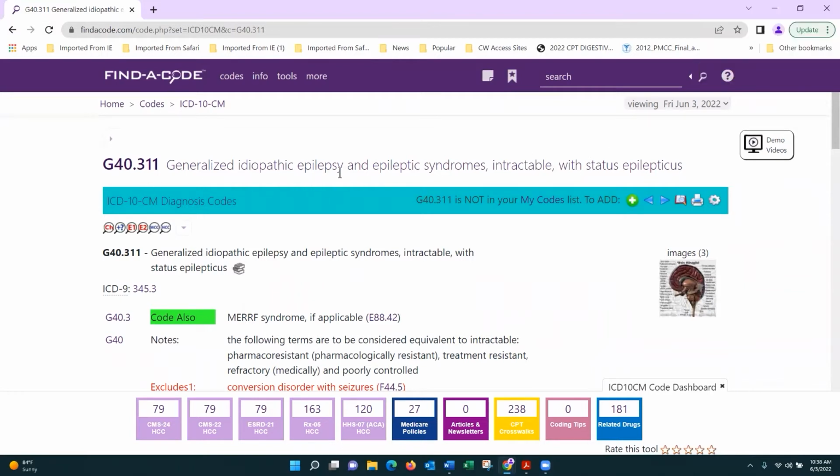Not sure. Did you get this code, Amara? Yes, I did. Though I didn't use the index, I used the tabular. I just copied the generalized and it brought it out.